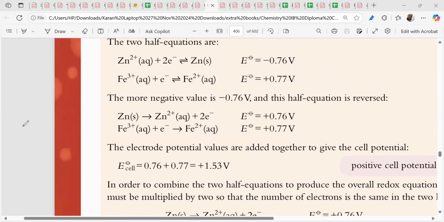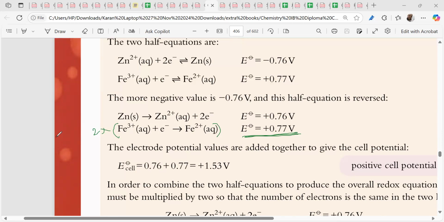And over here, finally, we check the electrons. See, the electrons are not the same. If the electrons are not the same, you multiply this by 2. Is it clear? Don't multiply the electrode potential. You can also write down that electrode potential does not depend upon the number of electrons.